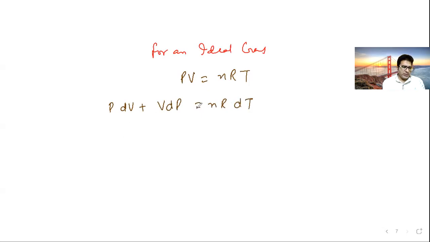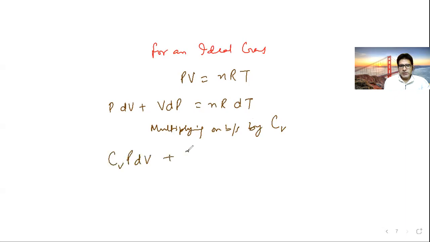Now I multiply this equation on both sides by Cv, heat capacity at constant volume. It will become Cv PdV plus Cv VdP is equal to nR Cv dt, right?